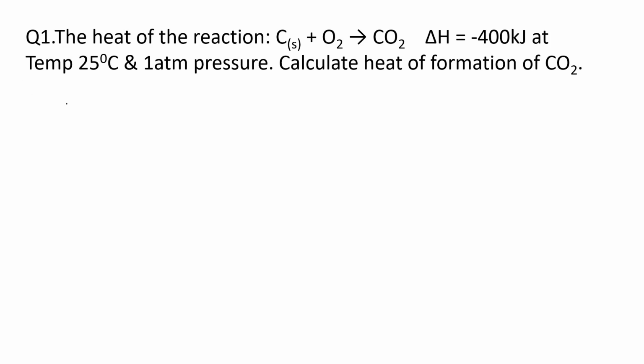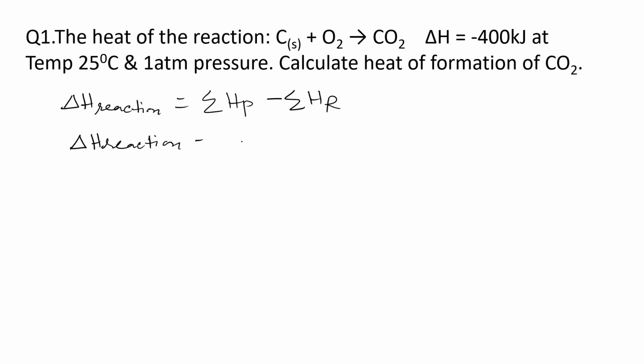We know that the heat of the reaction, delta H reaction, as I discussed in my earlier video, is the summation of the enthalpy of the products minus the enthalpy of the reactants. Here delta H reaction is equal to minus 400 kilojoule.